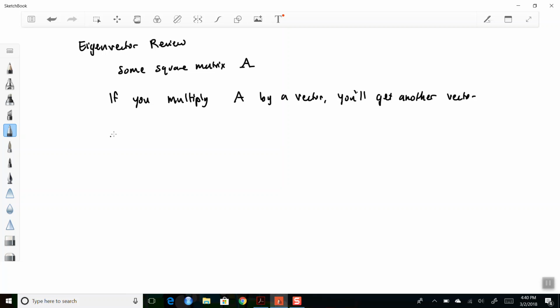So you might have some vector, let's say vector k, and then when you multiply A times k, maybe it looks like this now, after multiplication. But for some vectors, you might have some vector u, where when you multiply it by A, it ends up pointing in the same direction.